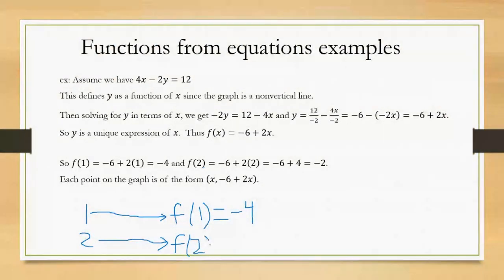Let me just fix that up. There we go. I'm just trying to draw what's happening, as you can see. And so from f of 2, we get -2 as our output. And here I'm just saying if you were to graph it, every point would look like this, or x.